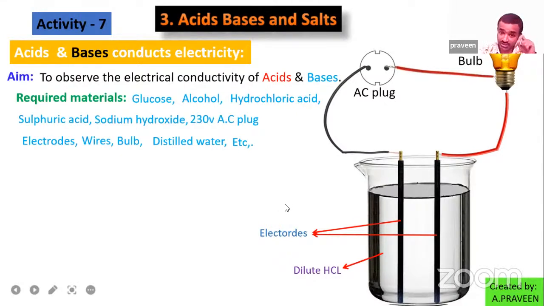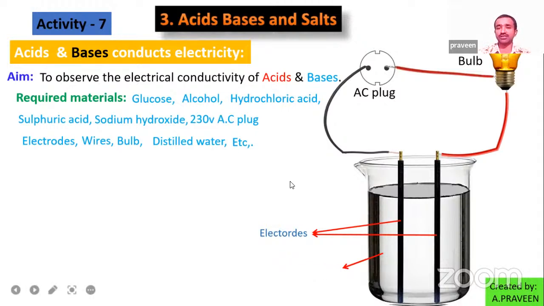Here HCl helps the electrodes to come in contact. This liquid must act like an electrical conductor, making the circuit a closed one. Only then is the bulb glowing. So with dilute HCl, the bulb glows.